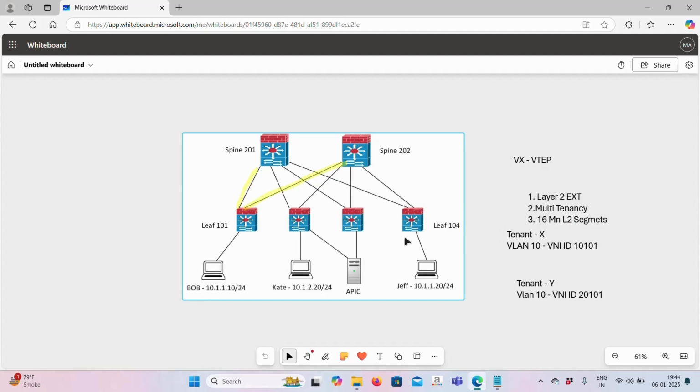That's the advantage of VXLAN here. So basically, all the advantages which we have in the traditional network, that is when we use VXLAN in the NX-OS infrastructure, the same advantages are extended in the ACI network as well. Right? So that's the advantage of VXLAN.